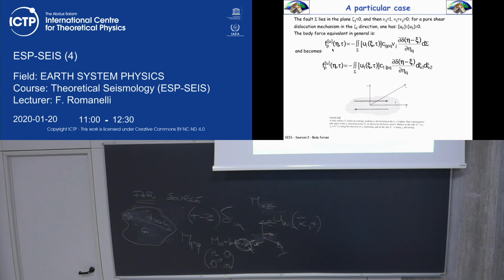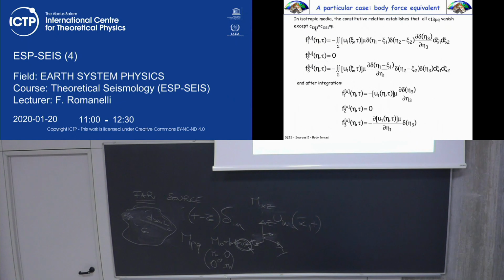So i is along X, just 1. And n_j is just 3. So these two are fixed now, 1 and 3. And if they are fixed, by symmetry, the only two terms that do not vanish now are 1 3 and 3 1. And they are equal to mu. If you replace now, instead of C_ijpq, these two cases, here is what we are left with.